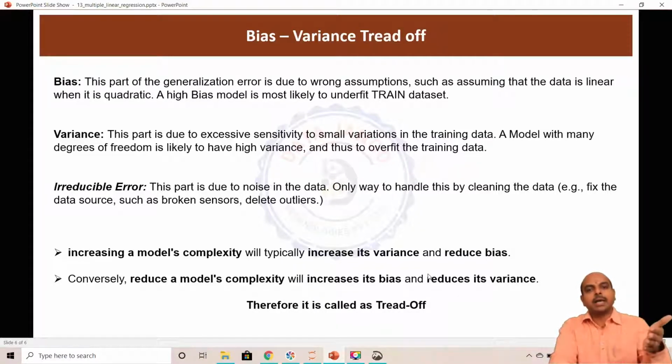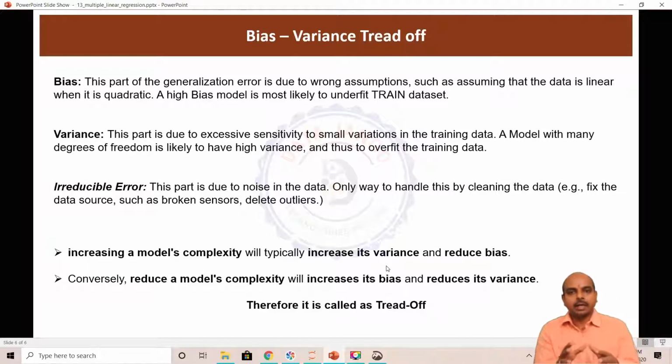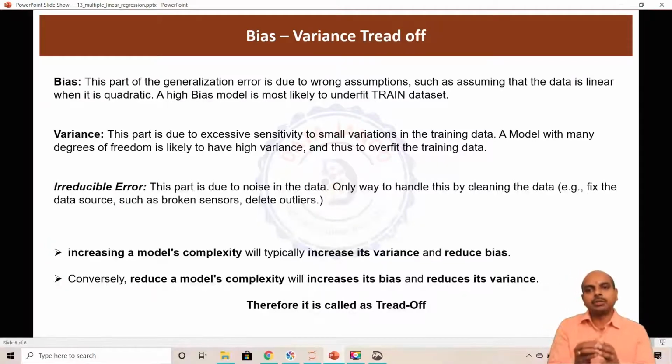When the model has high bias, the variance is going to be low. That's called the bias variance trade-off. When you are trying to fine tune a model, or increase the complexity of a model, you will encounter this. When variance increases, bias reduces. When bias increases, variance reduces. This is called the bias variance trade-off.